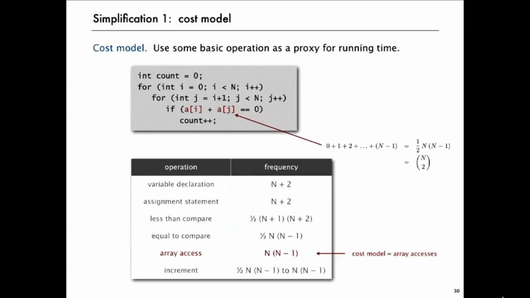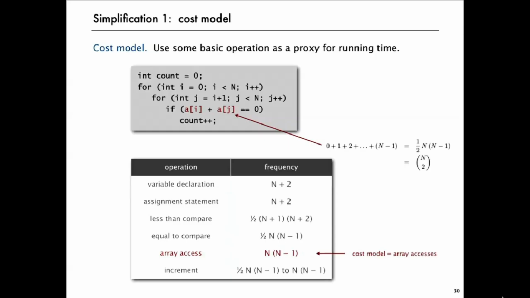And realistically, that's what we do nowadays. So rather than going in and counting every little detail, we take some basic operation that's maybe the most expensive, or the one that's executed the most often, the one where cost times frequency is the highest, and use that as a proxy for the running time. Essentially making the hypothesis that the running time is going to grow like a constant times that.